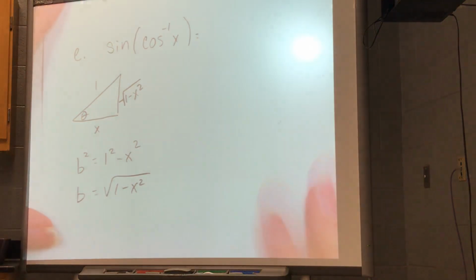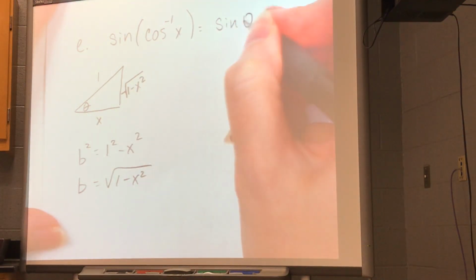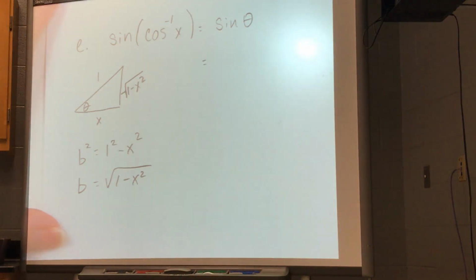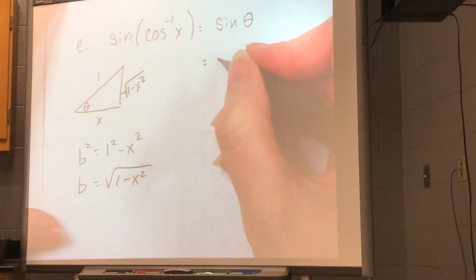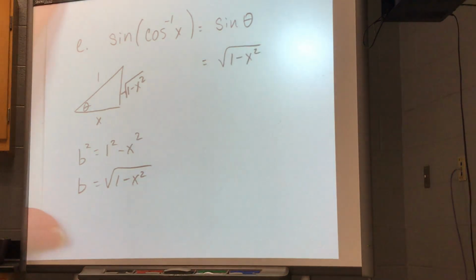So once we get our sides labeled on our triangle, we're going to find the sine of theta. So what do you guys think? Square root of 1 minus x squared over 1, which we don't need to write the 1. All right, any questions?